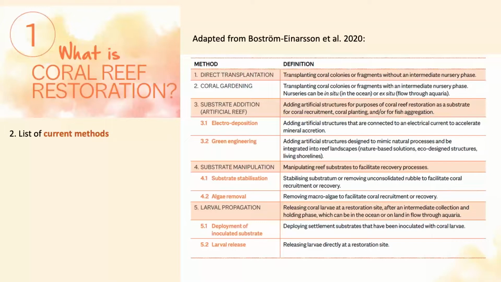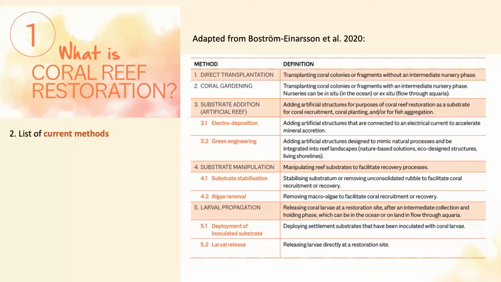Substrate addition, so some of the artificial reef structures, but this also includes electrode deposition methods and green engineering. Substrate manipulation to help facilitate recovery, such as substrate stabilization or macroalgae removal to free up space and reduce competition for coral juveniles.